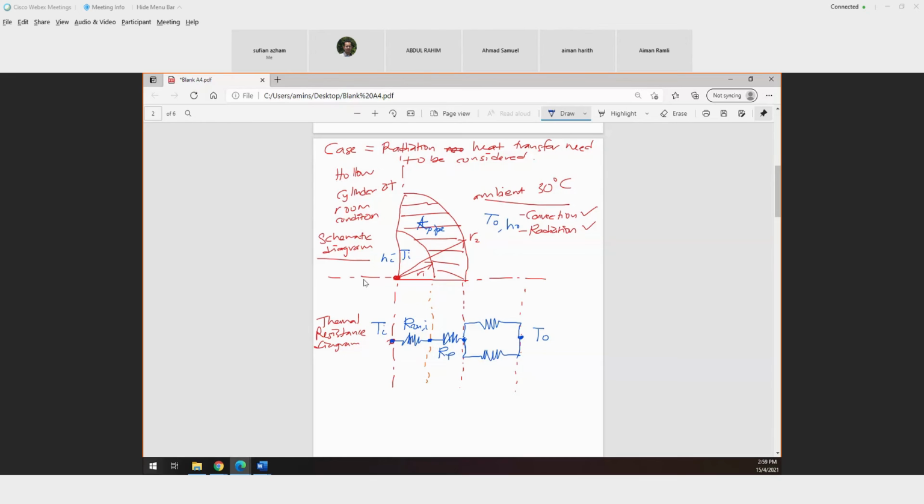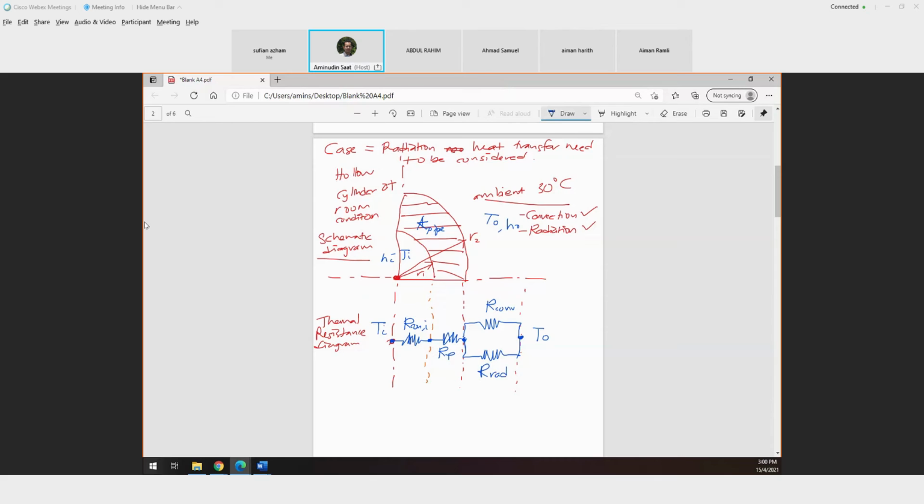So this is R due to the convection, and the other one is R due to the radiation. So you have to find the equivalent resistance due to convection and radiation by using a parallel approach.